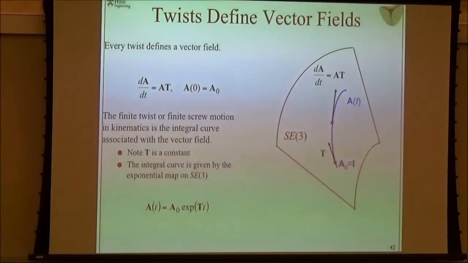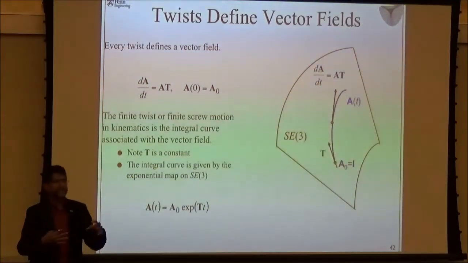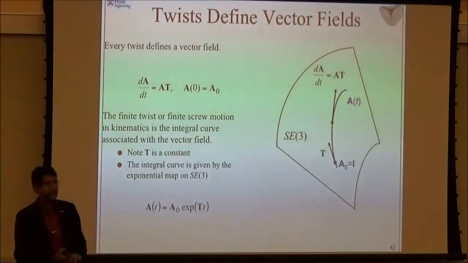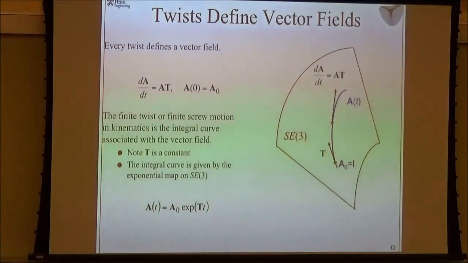If you do that, you'll basically get a curve. And that curve will be the integral curve. And there's a vector field that's associated with it. And you really cannot separate the twist T from the vector field and the integral curve. Okay? So if you look at the twist T, it's obtained here by taking dA dt and pre-multiplying by A inverse.